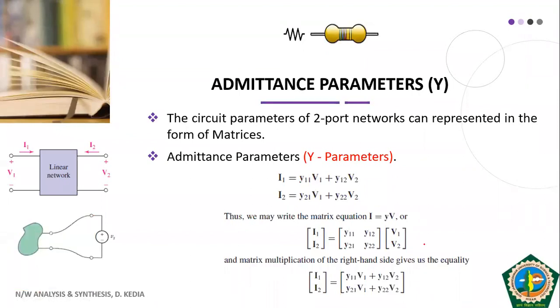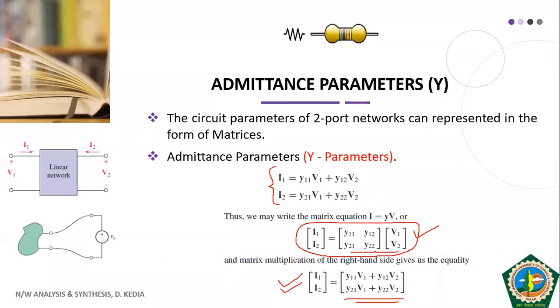So students, we were talking about the matrix representation of our Y parameters. We had seen that this is how we can represent our admittance parameters in the form of a matrix. If you multiply these two matrices on the right hand side, you will obtain these equations, and you can compare this with our original equations, and you can very easily observe that these are nothing but one and the same thing.